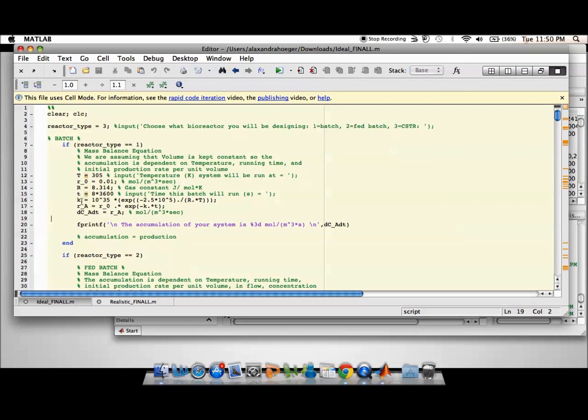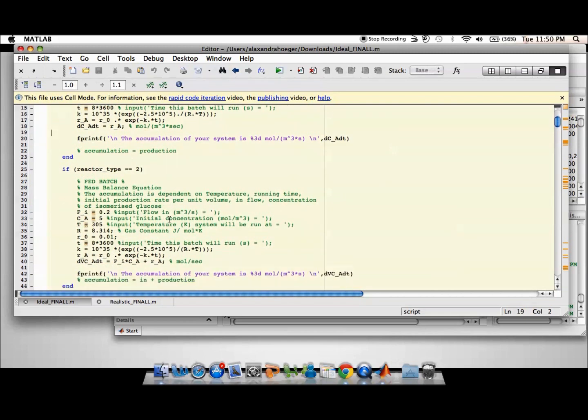And then this K constant, which was defined in our text as this equation. And so with all this information, you find that your accumulation is the same as your production rate.